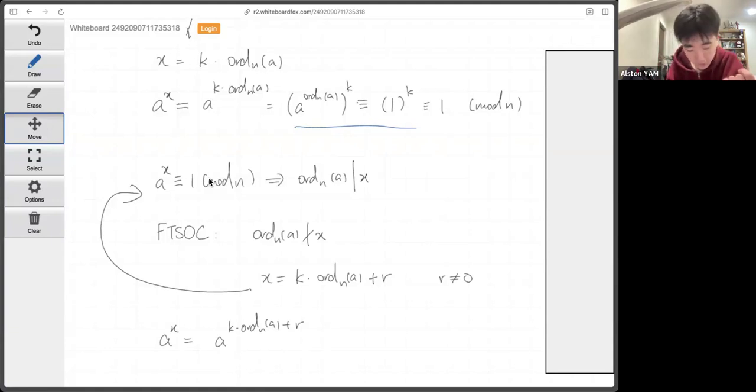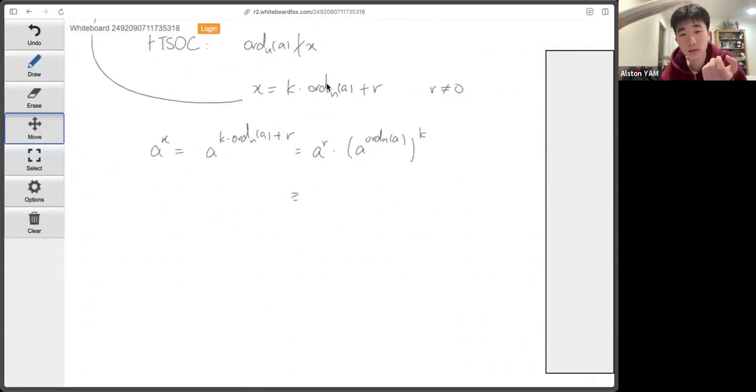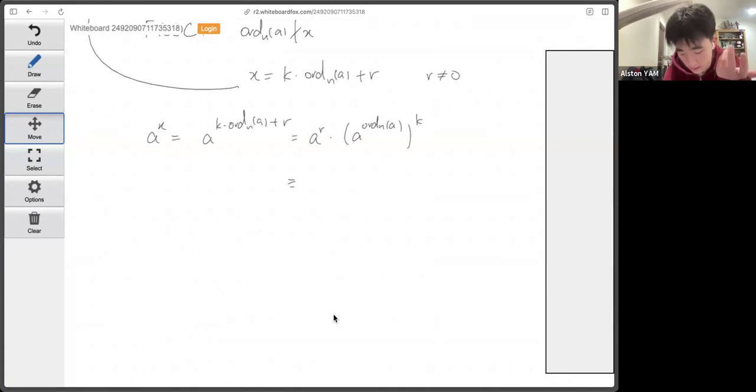We can just use our exponent rules as before, and turn that into A to the r times A to the order of A, to the power of k. All I've done is take out the A to the r. That was pretty similar to before. A to the order of A, we know from the definition, is just 1. So we just have A to the r times 1 to some power, and this is taken on the mod n. So that is just congruent to A to the r mod n.